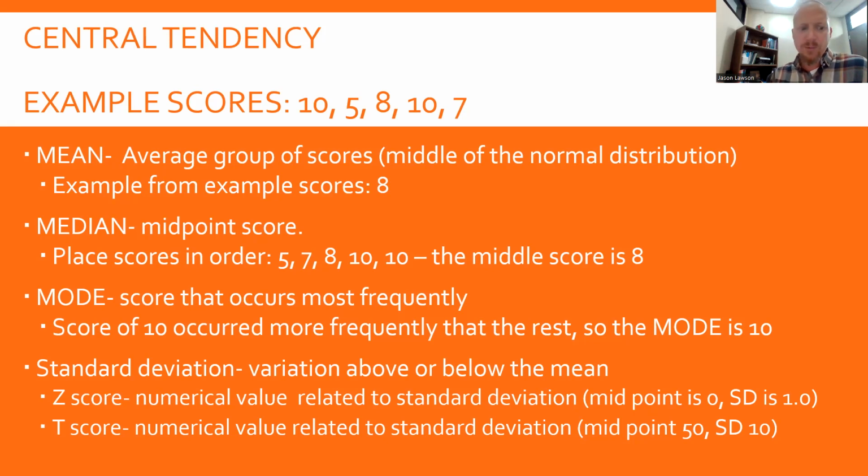So again, if the assessment we were using used a t-score as a standard score or a normative score, and they scored a 40, well, compared to the normative sample where the mean is 50, you minus 10, that standard deviation, to get to 40.